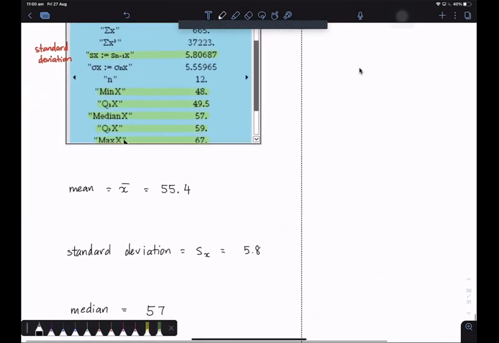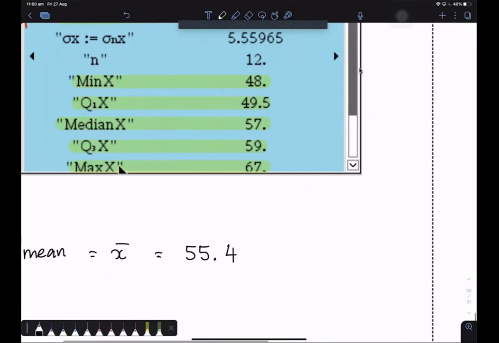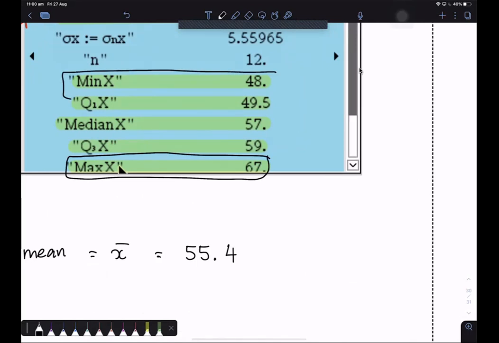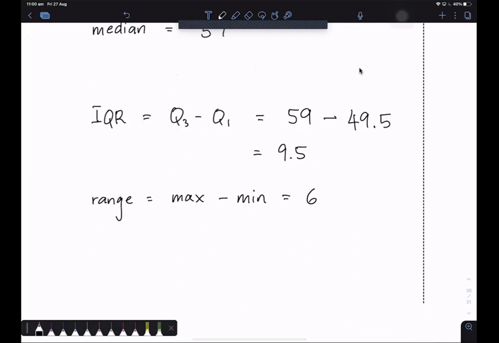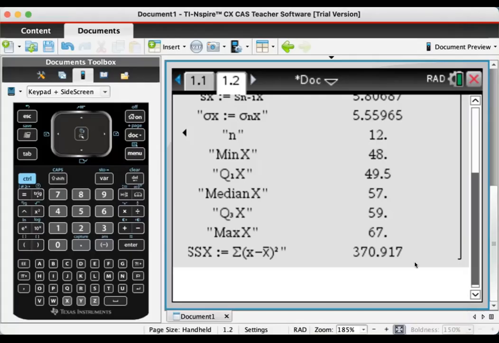And the last but not least, how do we calculate our range? Thanks, Arati. The range here is the maximum minus the minimum. We've got 67 minus 48. Now, say on your CAS, we got those numbers, but you needed to do a calculation.